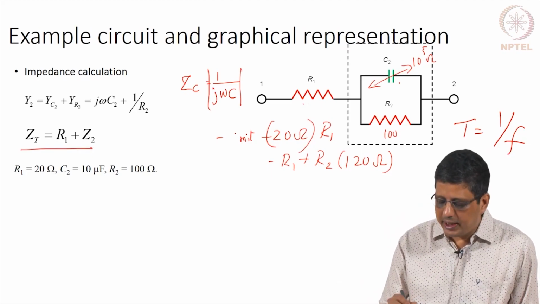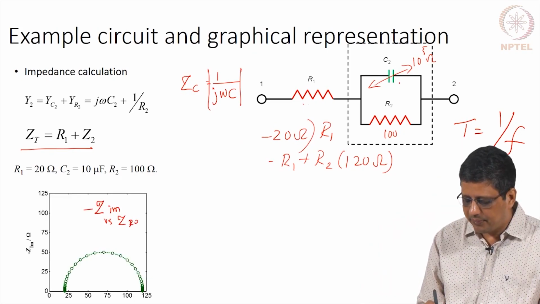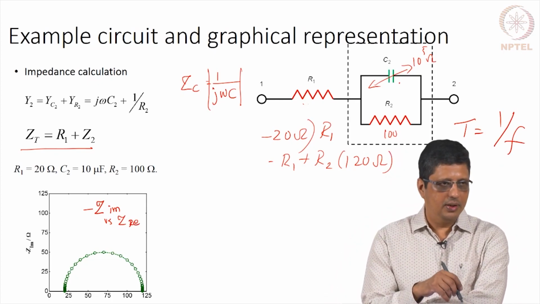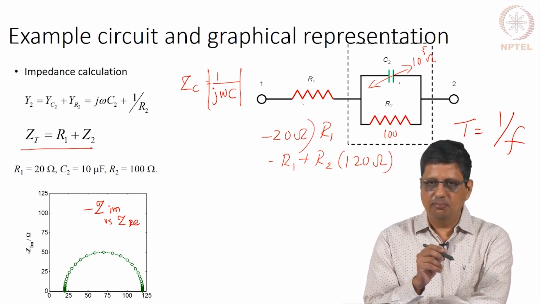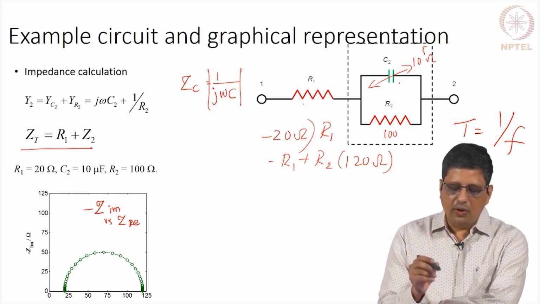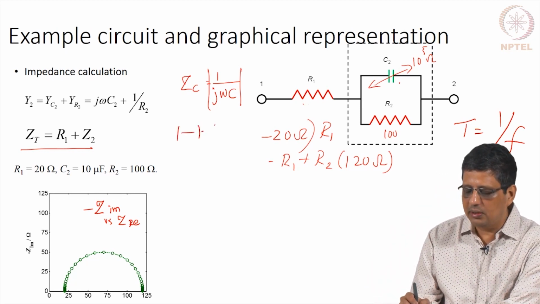One way of plotting the impedance is to plot minus Z imaginary versus Z real. It does not appear well here, but the abscissa is Z real, the ordinate is minus Z imaginary, it is not Z imaginary. If you look at the previous calculation, we got a value saying 1 minus 1.59 or so j.